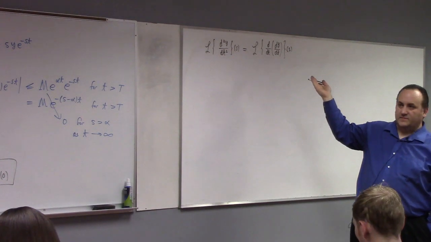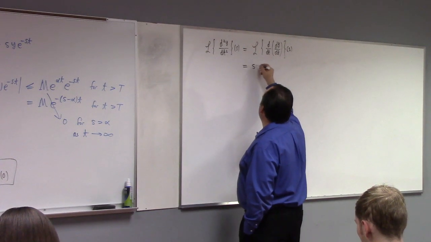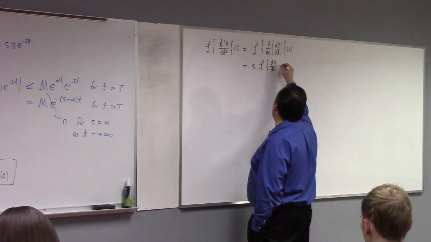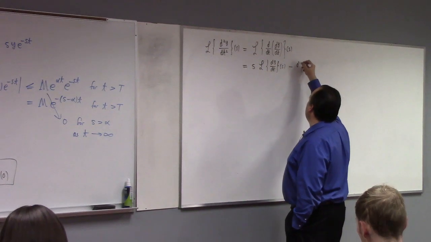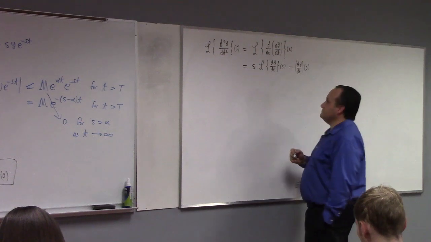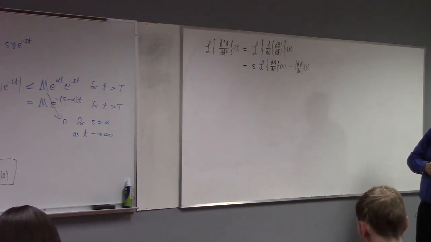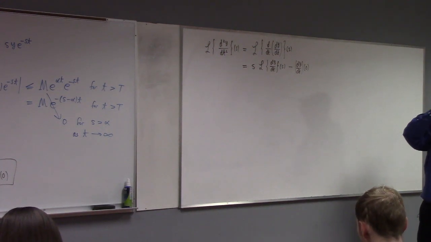This would be equal to s times the Laplace transform of dy dt of s, minus dy dt of 0. I'm just applying the previous theorem with y set to dy dt. Do you guys follow?